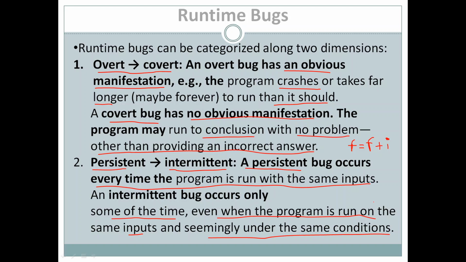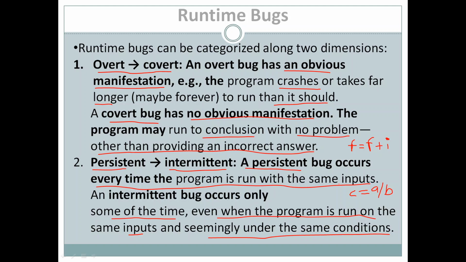Now in case of a persistent bug, it occurs every time when we pass the same input. For example, if we have a statement C equals A divided by B. If you pass the value of A as 10 and value of B as 2, it will produce the output properly, there is no problem with the program.